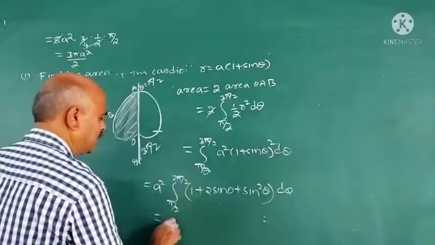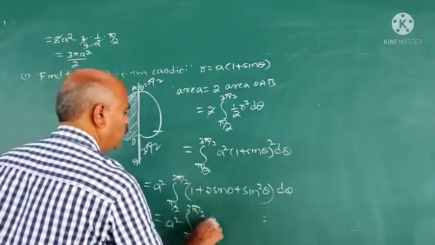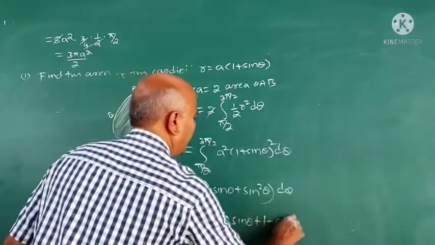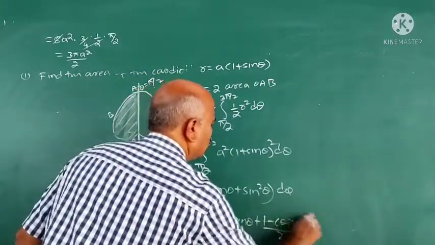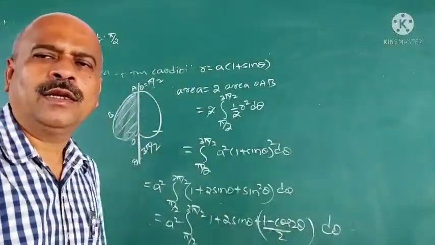Say I consider this now: a² times the integral from π/2 to 3π/2 of 1 + 2 sin θ + (1 − cos 2θ)/2 with respect to θ. Now evaluate, you will get the area.